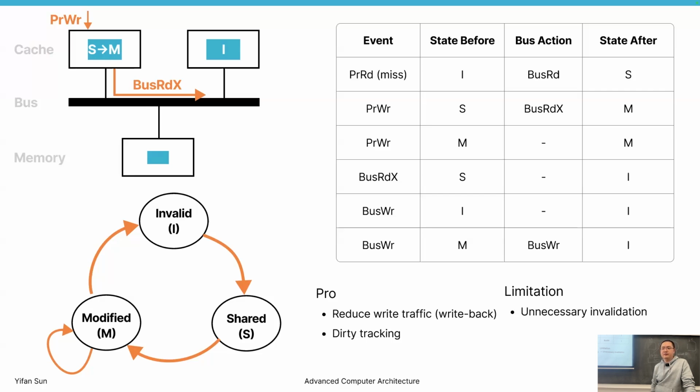Very, very likely. Lots of programs are written in a single core design. For every write, if it's not in modified state, you need to send a bus invalidation. How much extra traffic are you generating, right? So this is a big penalty for performance.